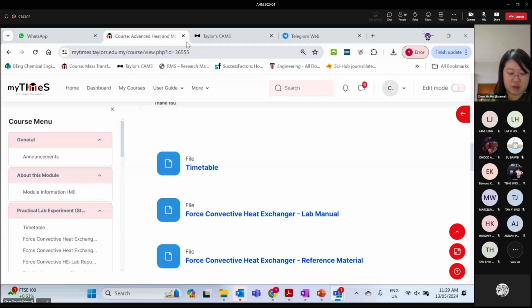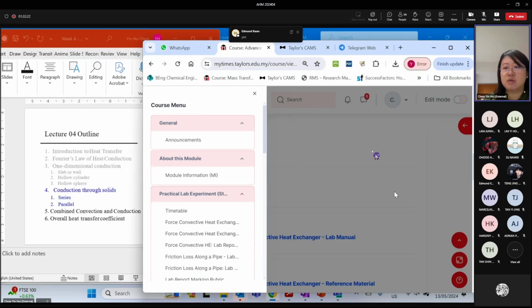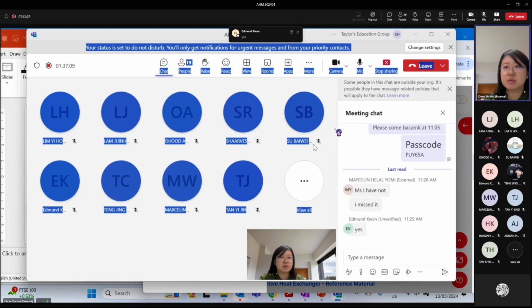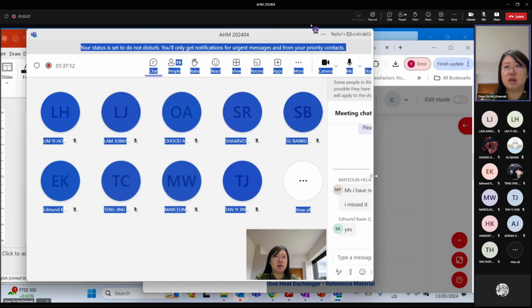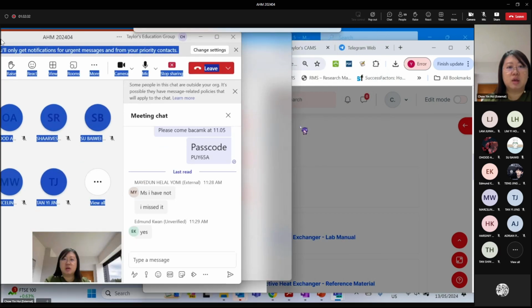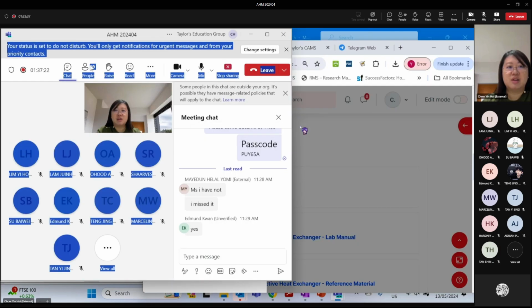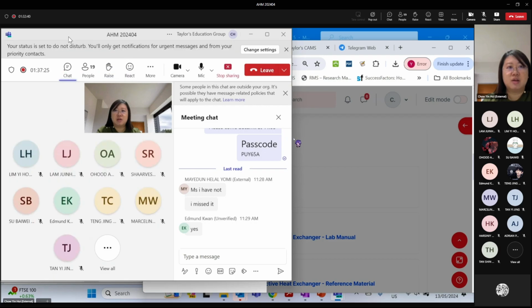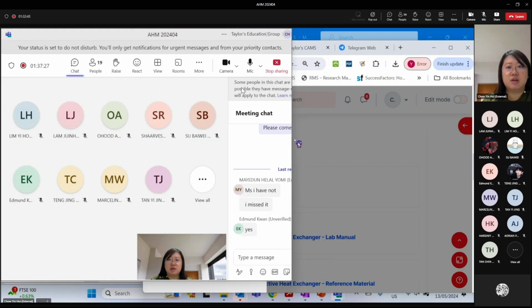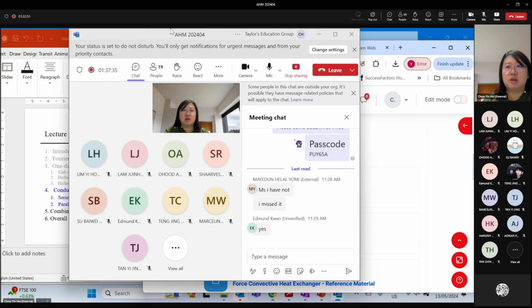Just to check. How can I do it on the same screen? Okay, I think I have to do it this way. Okay, good. But I need to check the chat area. It doesn't allow me to minimize it. Let me rearrange it on my side.